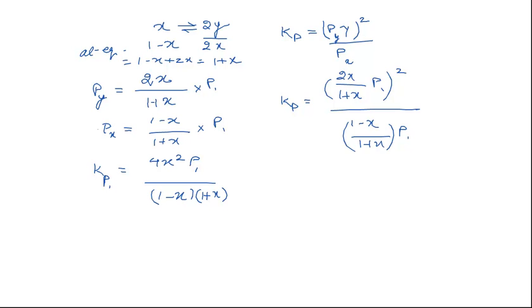Fine? So this would be our Kp1. Or 1 minus x into 1 plus x can be written as 1 square minus x square, giving 4x square P1 divided by 1 square minus x square.